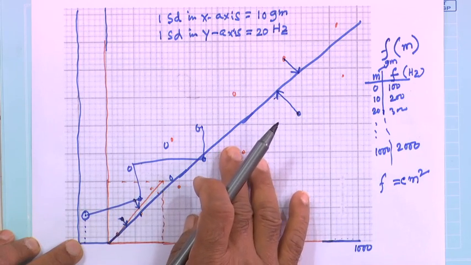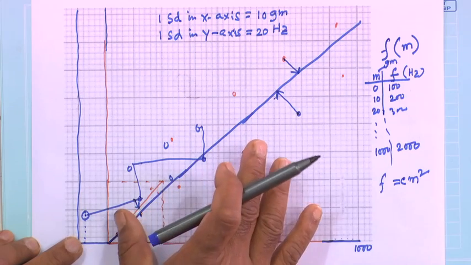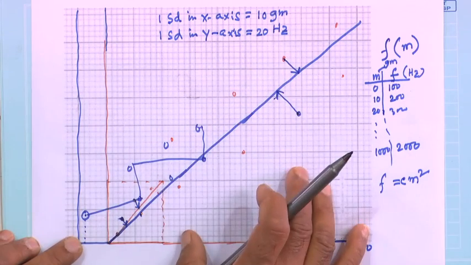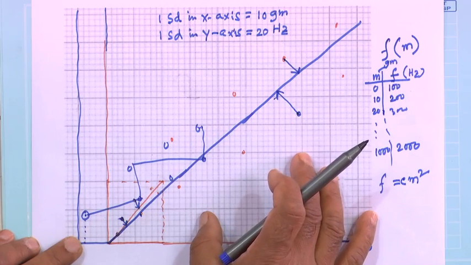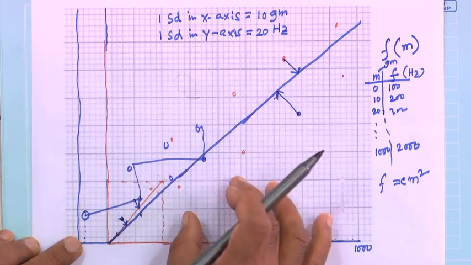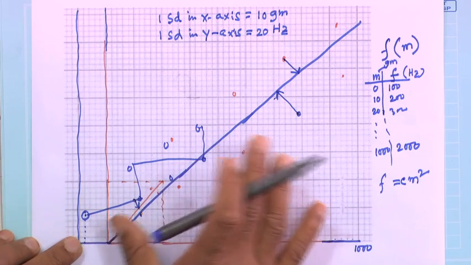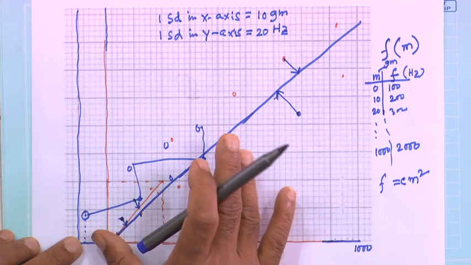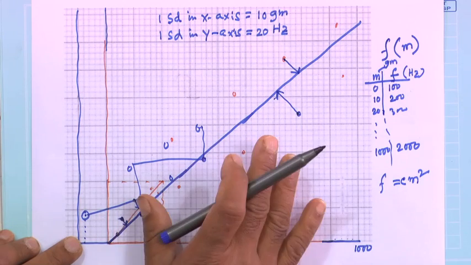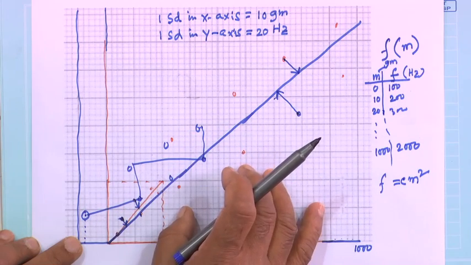Then consider the points that deviate from this average curve. The deviation on the lower side is minus and on the upper side is plus. The total plus and total minus deviation should be more or less 0, that means plus deviation and minus deviation should be the same.